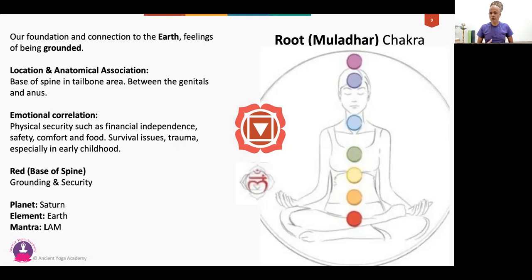So when you say my root chakra is imbalanced or my heart chakra is imbalanced, if you have heard that, what does it mean? It means that in your energy center there are three kinds of imbalance.